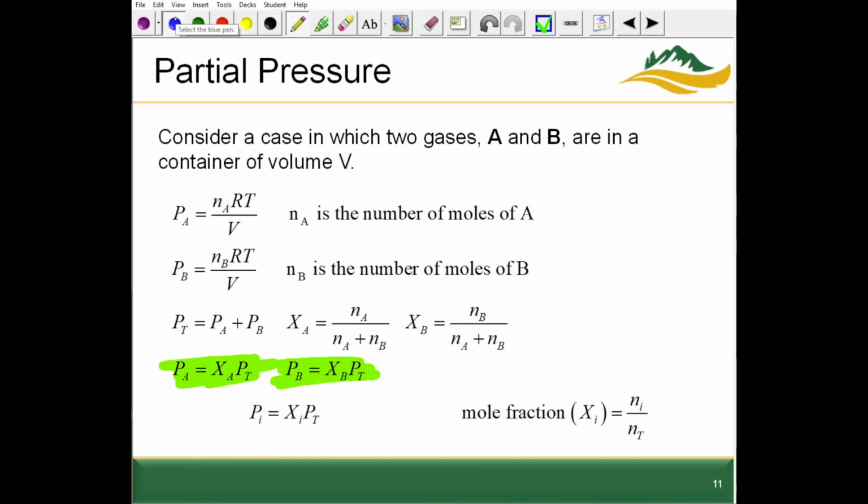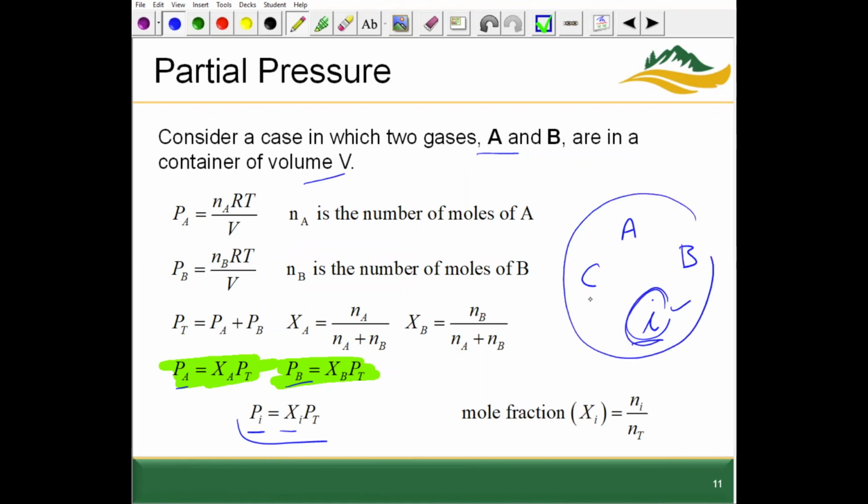But as we know, there's not always just A and B present in some same volume or vessel. So this can apply to any gas. Is it gas A, gas B, gas C? Just generally speaking, for any gas, denoted as i, the partial pressure of that gas i is equal to the mole fraction of that gas i, so the number of moles of i amongst the total number of moles of gas, times the total pressure.